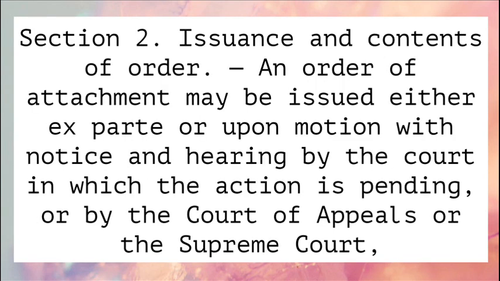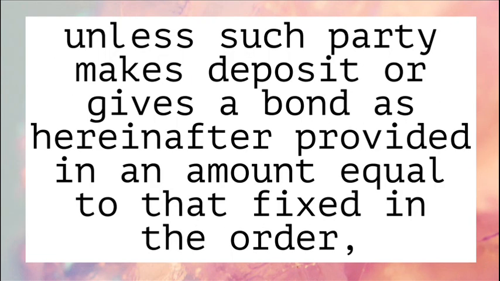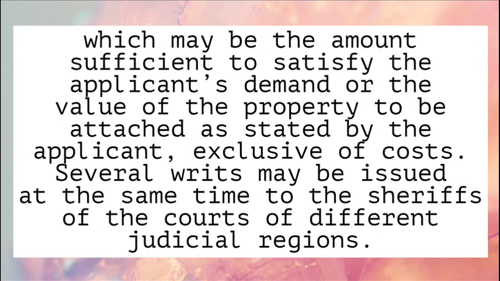Section 2. Issuance and contents of order. An order of attachment may be issued either ex parte or upon motion with notice and hearing by the court in which the action is pending, or by the Court of Appeals or the Supreme Court, and must require the sheriff of the court to attach so much of the property in the Philippines of the party against whom it is issued, not exempt from execution, as may be sufficient to satisfy the applicant's demand, unless such party makes a deposit or gives a bond in an amount equal to that fixed in the order, which may be the amount sufficient to satisfy the applicant's demand or the value of the property to be attached as stated by the applicant, exclusive of costs.